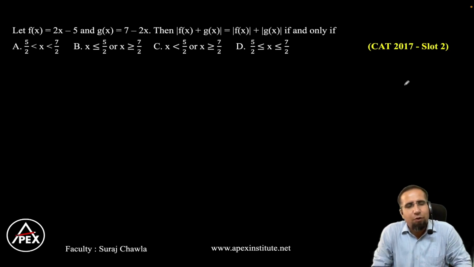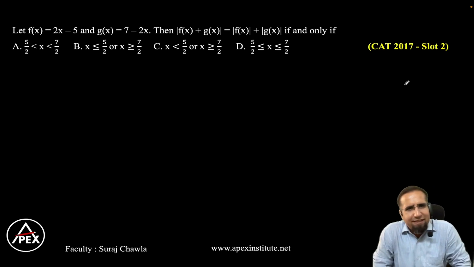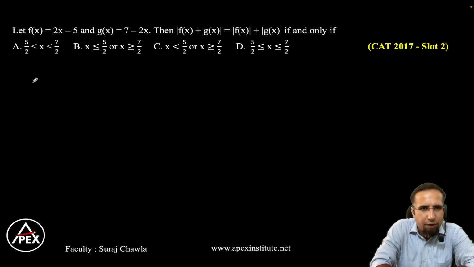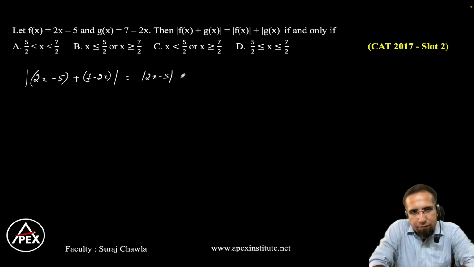Clear? Now this was a question which was involving functions and modulus. Now f of x is given to us, g of x is given to us. I want mod of f of x plus g of x, that is mod of 2x minus 5 plus mod of 7 minus 2x, which is equal to f of x, that is mod of 2x minus 5, plus g of x, that is mod of 7 minus 2x.